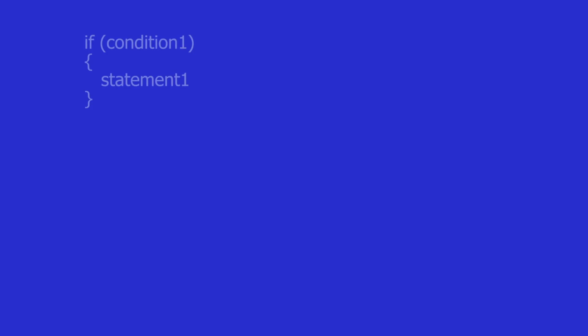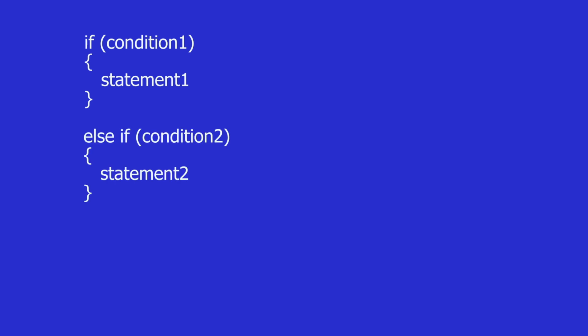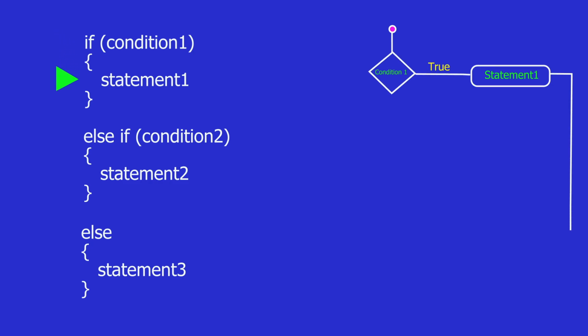If you want to check more than 2 conditions using the if-else statement, then you can use if, else if, else statement. If condition 1 is true, then it will execute statement 1. After the execution of statement 1, it will not execute statements 2 and 3.